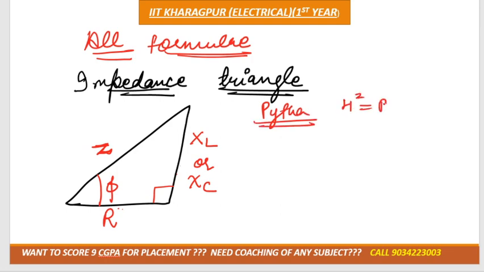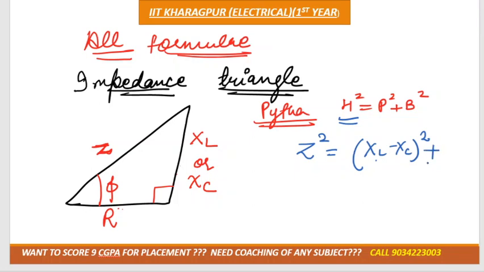H square is equal to perpendicular square plus base square. So, what would be the formula? In that case, H is Z here. Perpendicular is either XL or XC, depending. It can be (XL minus XC) square or (XC minus XL) square, because it's squared, so you can take any term, right?